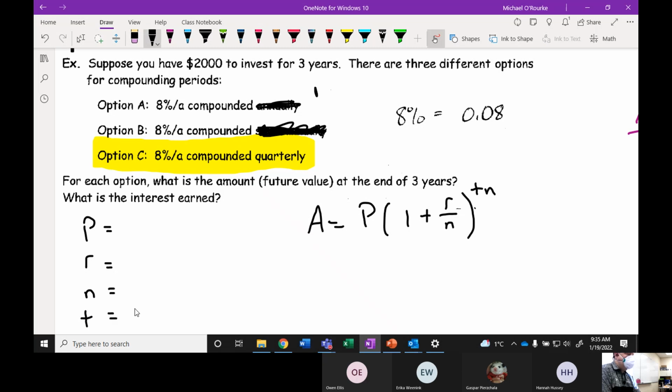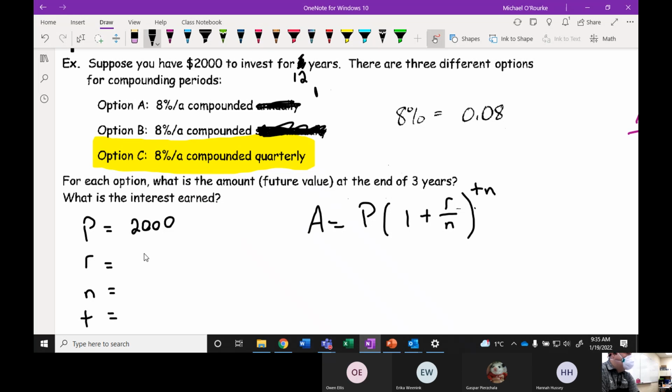Okay. So we're going to work with this equation here. The question is, suppose you have $2,000 to invest for, let's go longer, 12 years. There are different options we can invest at. The first one we're going to look at is we're going to invest 8% compounded quarterly. So what's my principal in this case?